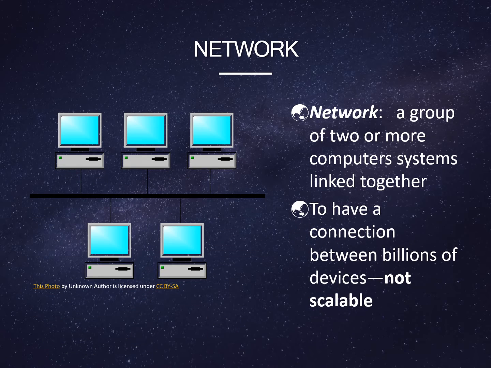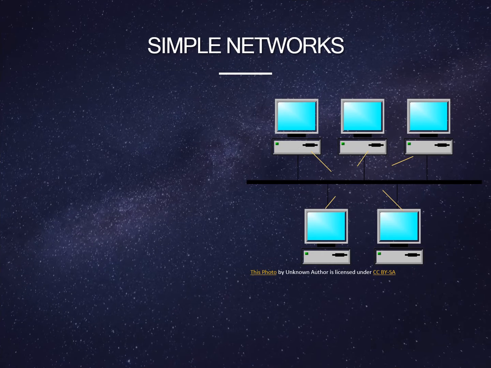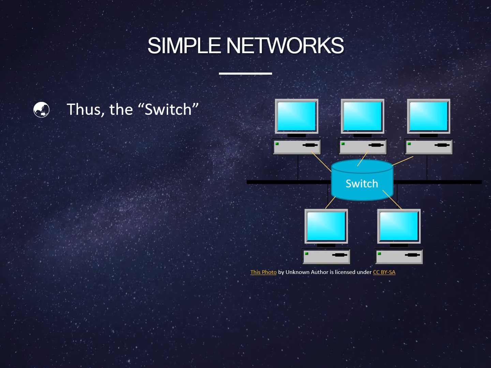To have a connection between billions of devices is really not scalable when you're talking about the Internet. That's why we have networks. We start off with simple networks. Thus, we need to talk about what we call the switch.